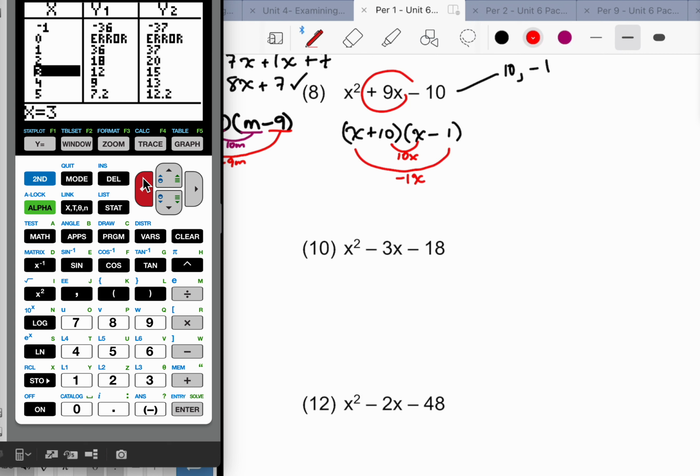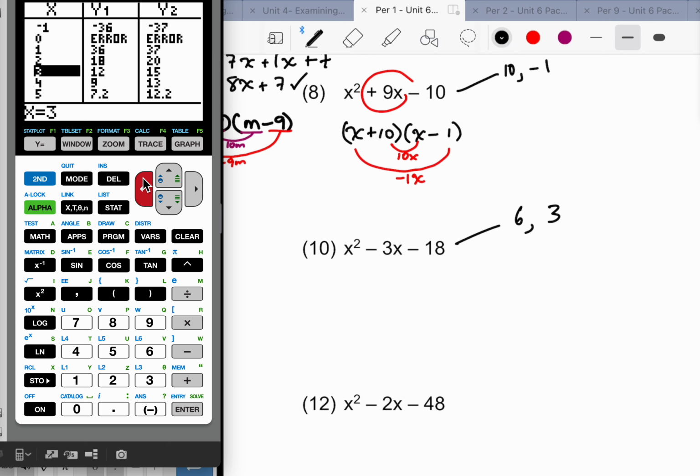18 and 1: start off with your baseline of 18, increase or decrease by 1, never going to get to a negative 3. Then I get to 6 and 3. Look at that possible pairing. If I use a baseline of 6 and increase or decrease by 3, I'll get to a positive 3 and a positive 9.